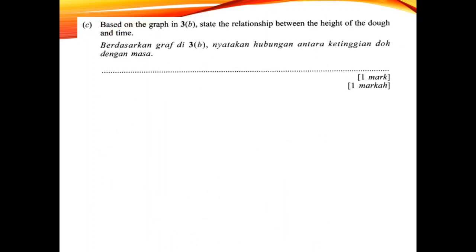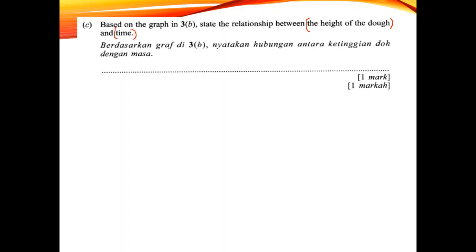We continue with the next example. So based on the graph, state the relationship between the height of the dove and the time. So in order to write the relationship, make sure you need to identify the responding and also manipulated variable. So the height of the dove and also the time. So which one is the manipulated variable?